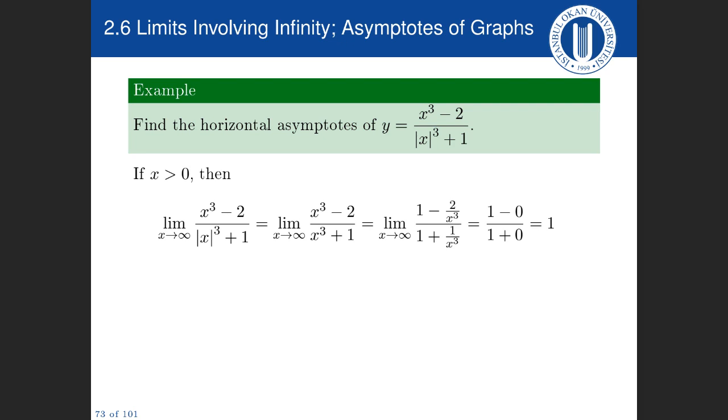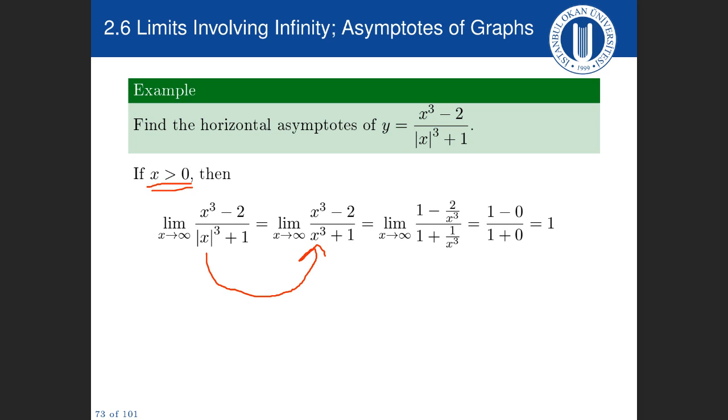And because we're going to be looking at very, very large positive numbers, it's okay for us to assume that x is positive. Why are we doing that? So that we can get rid of the absolute value. As long as we know that x is a positive number, we can just write x cubed here.